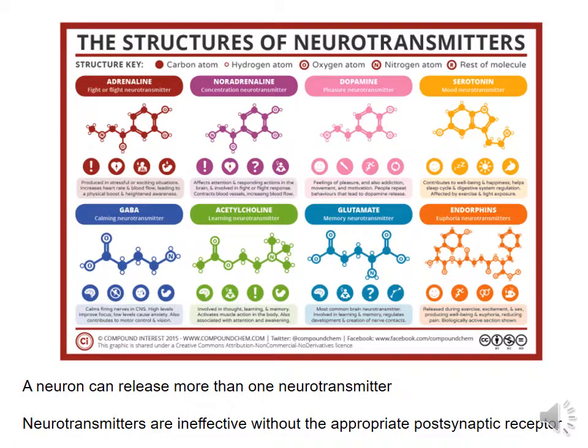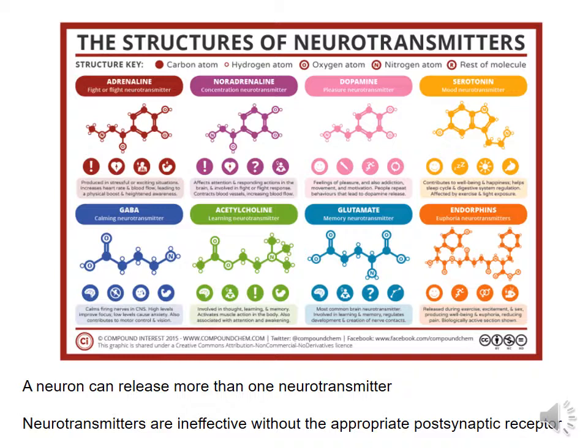So in this slide, there are different structures of some neurotransmitters that we just discussed. You do not need to know their structures. This is just to illustrate how they look. And I want to emphasize 2 points before we move on. One is that a neuron can release more than one neurotransmitter.